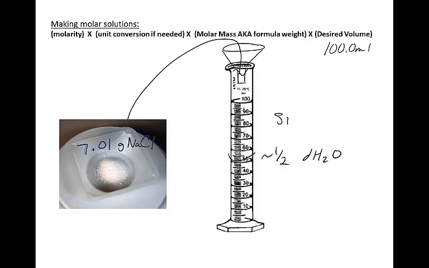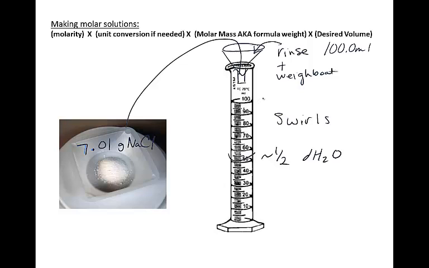And then you would swirl to facilitate a full dissolving of all of the salt. And then we would rinse the powder funnel and the weigh boat to ensure that every little speck of salt that had been massed out actually makes it into the solution we're trying to make.